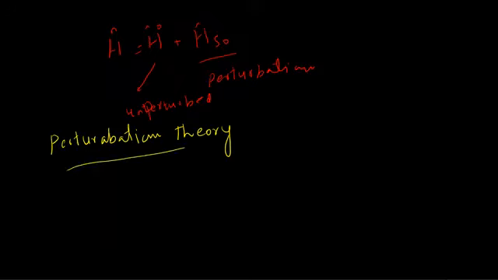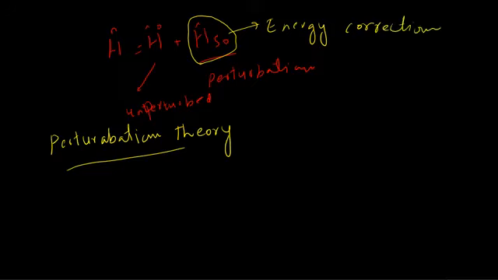In order to apply perturbation theory to find the energy correction due to this perturbed term in the total Hamiltonian, we have to satisfy the unperturbed states of the Hamiltonian, H naught, the unperturbed part.